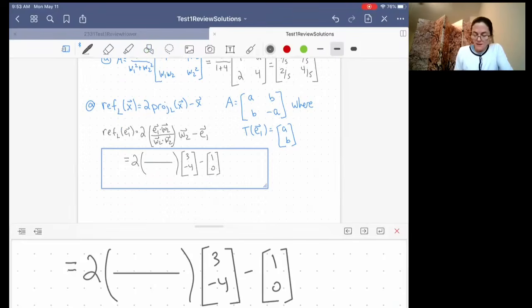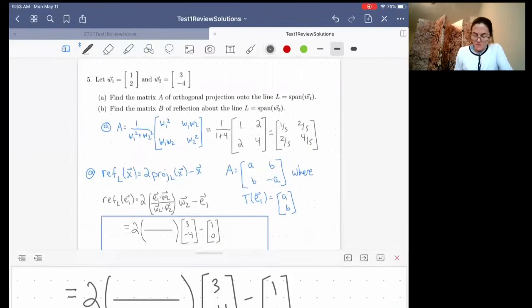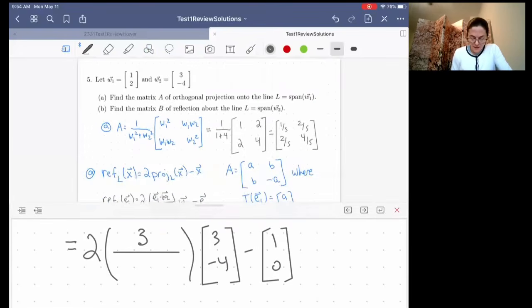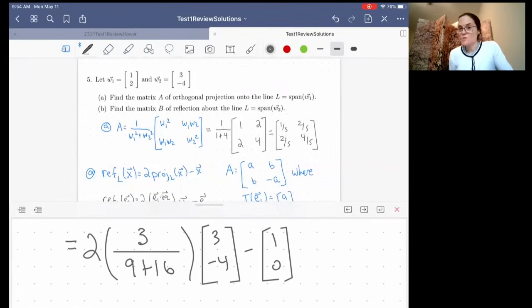Okay, so now let's look. Okay, we can see everything good. Well, when I take E1 dot W2, I just get 3 times 1. So in the numerator here, I have 3. And then W2 dot W2, I get 9 plus 16. That's 25.